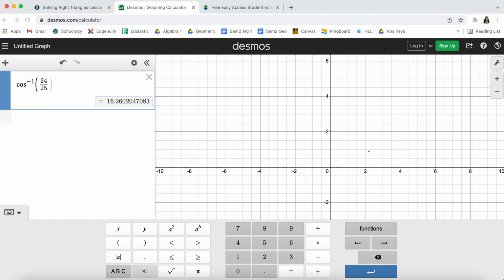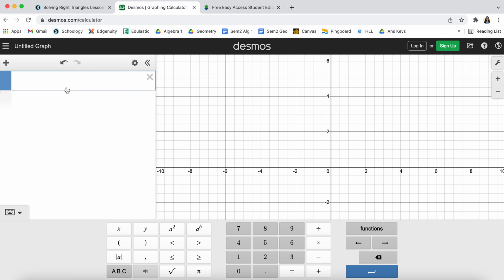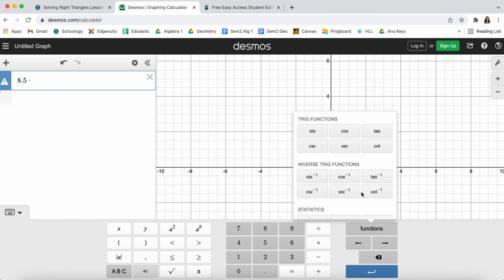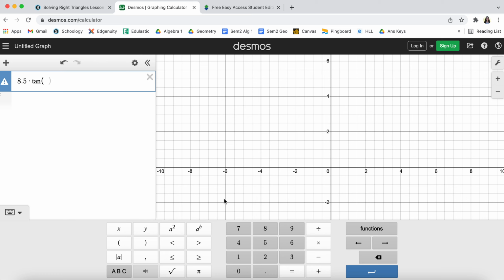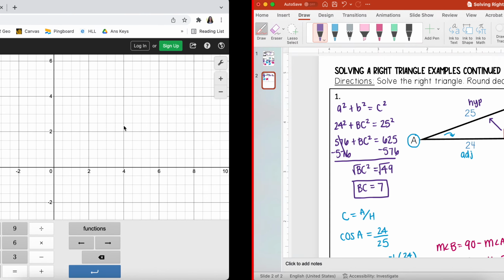And so heading over to Desmos, I have 8.5 times tangent of 52. And rounding to the nearest tenth, I get that that is approximately 10.9.